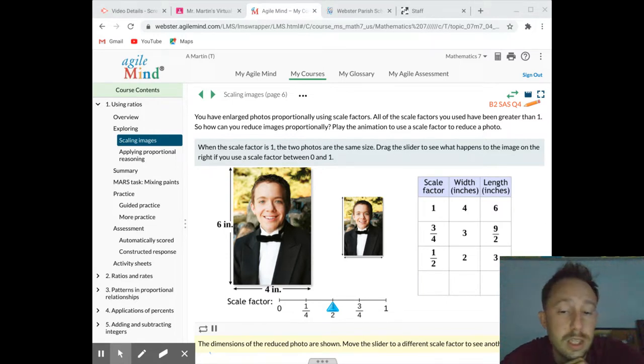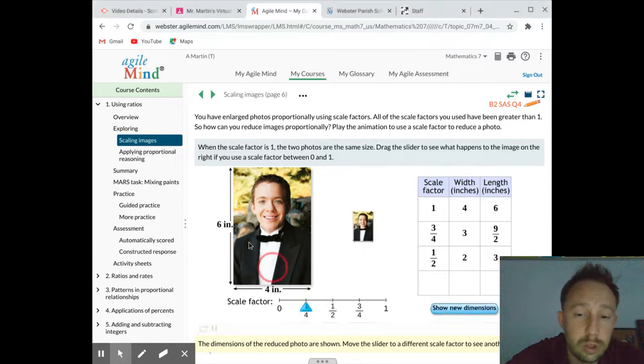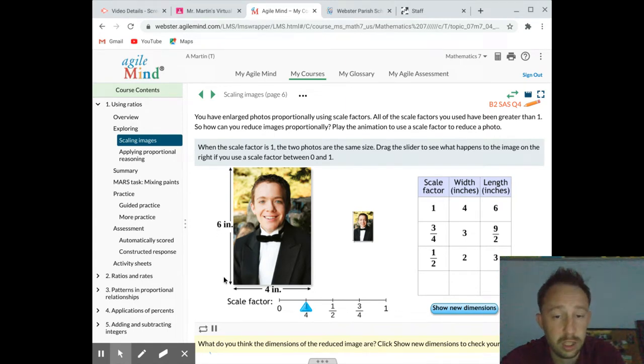What is the denominator in that fraction? 4. So that means that our original image is going to be 4 times smaller than what it was originally. All right, because we're multiplying each one of these original dimensions, 6 inches for length and 4 inches for width, by 1/4.